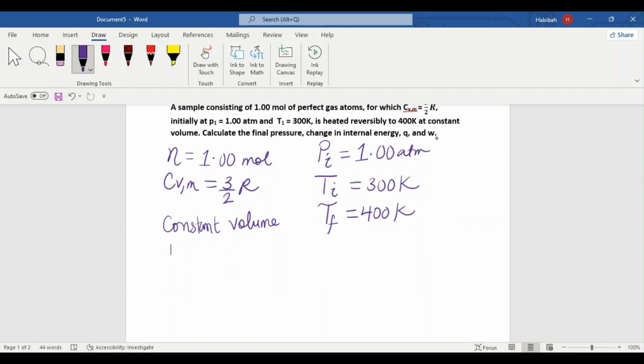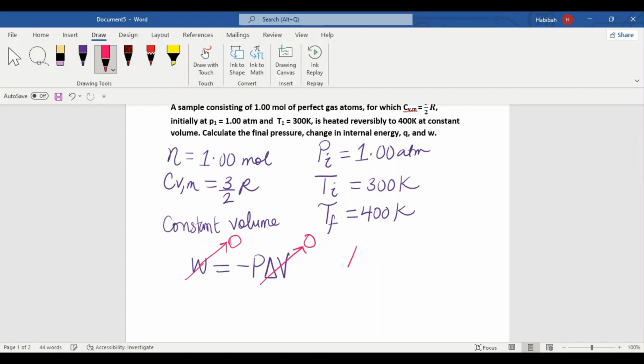We're told this is happening at constant volume, and the general formula for work is negative P change in V. Because the volume is the same all through the entire reversible process, there's no expansion, so the change in volume is zero. The work is going to be equal to zero. So we've gotten the answer to one of the questions.